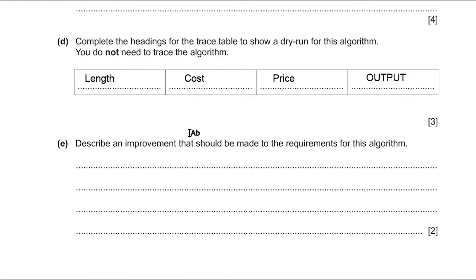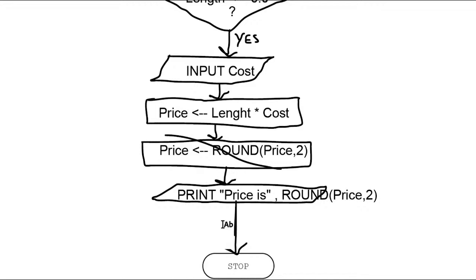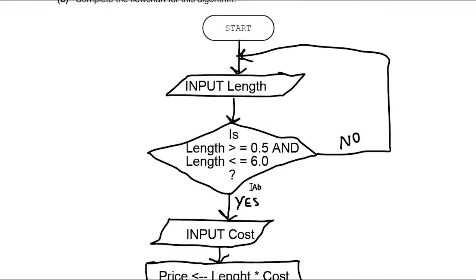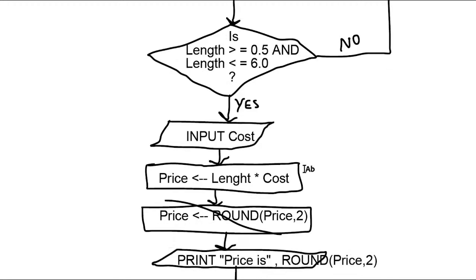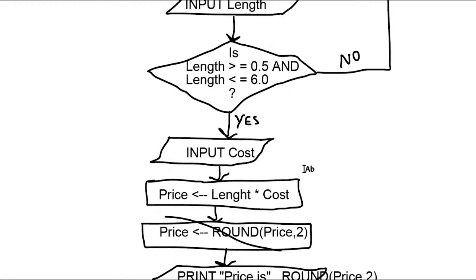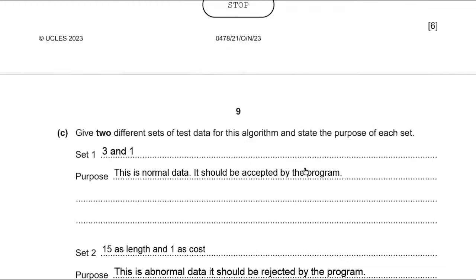Very easy 3 marks. Describe an improvement that should be made to the requirements for this algorithm. Well, we are validating length, but we are not validating cost. What if somebody inputs 0 as the cost? That means you are going to get a length of rope for free, right? That should not happen.